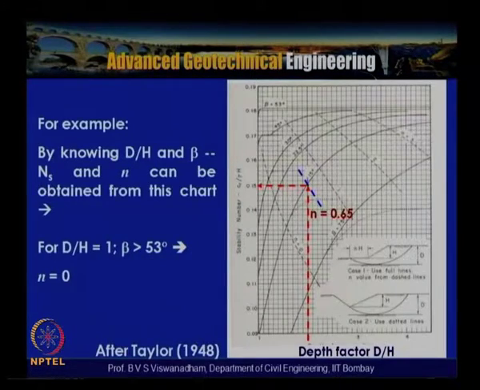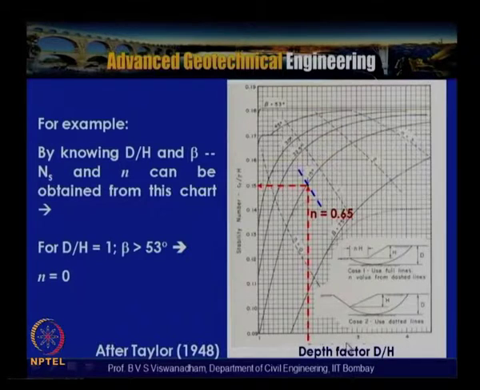In our example, if you have d by h and beta less than say 53 degrees, then this is the chart required to be adopted. We can see that in that case there is a possibility that the slip surface passes below the base, which is called base failure. So the depth factor is given.